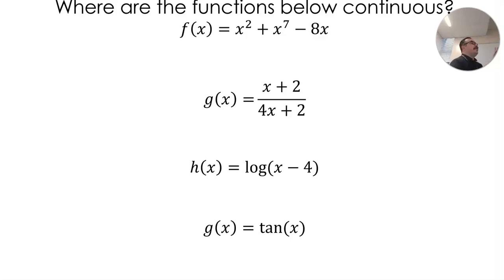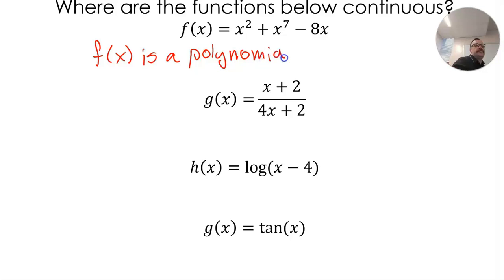Here's a proof of why all polynomials are continuous. That's a little bit too much. All I really need here is that f of x is a polynomial. And all that means is that it is continuous everywhere.